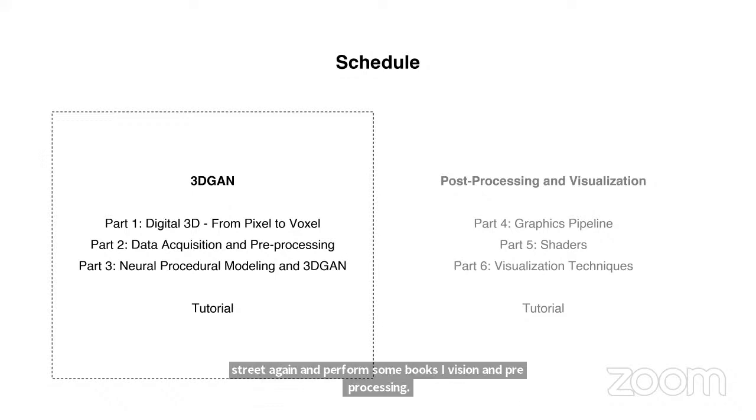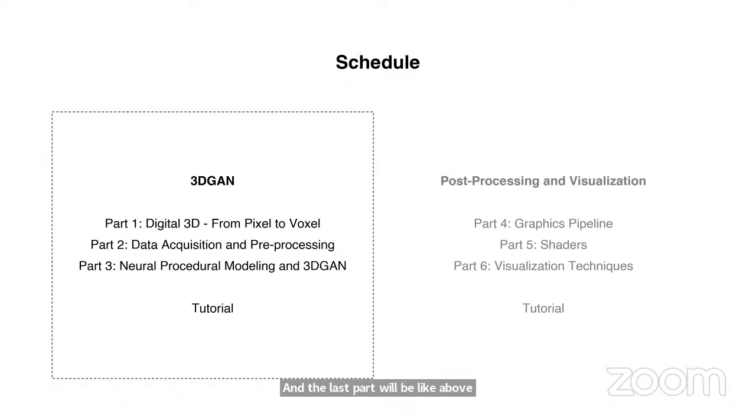The last part will be about neural procedural modeling, and how 3D GAN can be used for shape synthesis. We also have a part coming up next month on how you can take the results from 3D GAN for post-processing and visualization in game engines, using advanced computer graphics techniques, shader programming, or visualization with physics simulation and real-time engines.